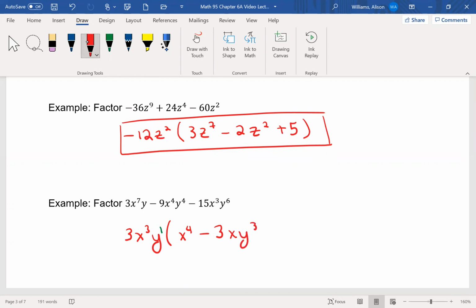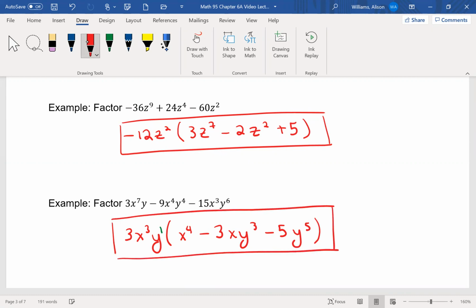And then the last term, we're going to have a 5 when we divide 15 by 3. Negative, of course, just drawing the minus in front. And then no x's. X cubed is going to get factored out, but we will have a y to the 5th when we subtract 6 minus 1 for the exponents.